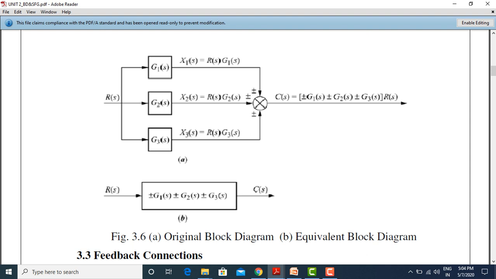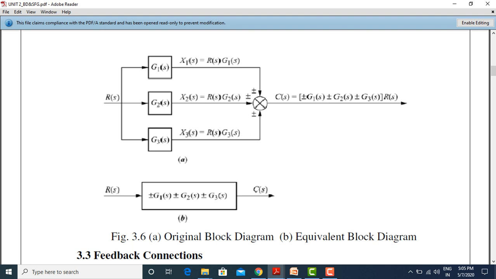So just multiply these previous signals, G1 and R of S, that is X1; X2 is R of S into G2 of S; X3 is R of S into G3 of S. These are added by this summing point. So how are we going to calculate C of S?